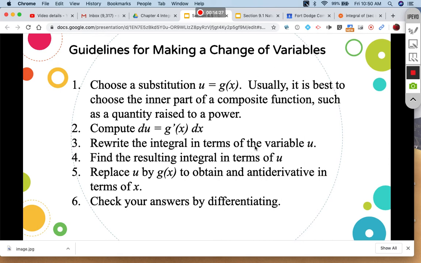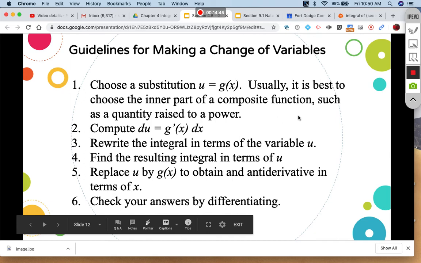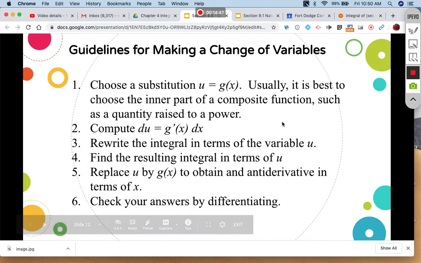You're going to have to do some substitution here, some rewriting. But now, hopefully, that integral in terms of u is something you can integrate, and then once you've done that, you then back substitute the u back to in terms of x to get in terms of x, and always check your answers by taking the derivative and see if it works out.